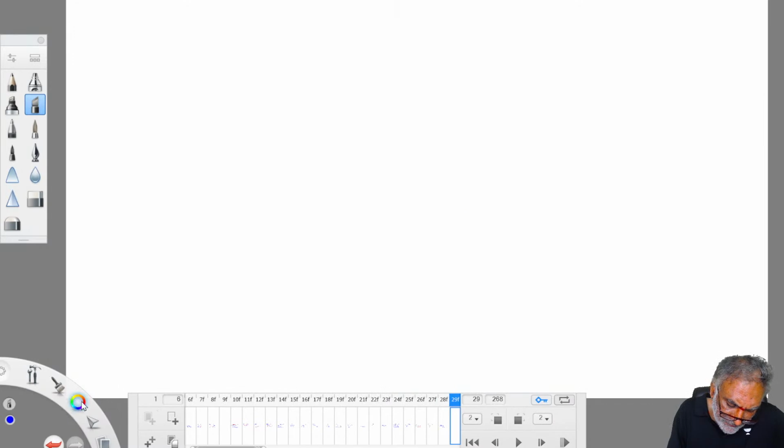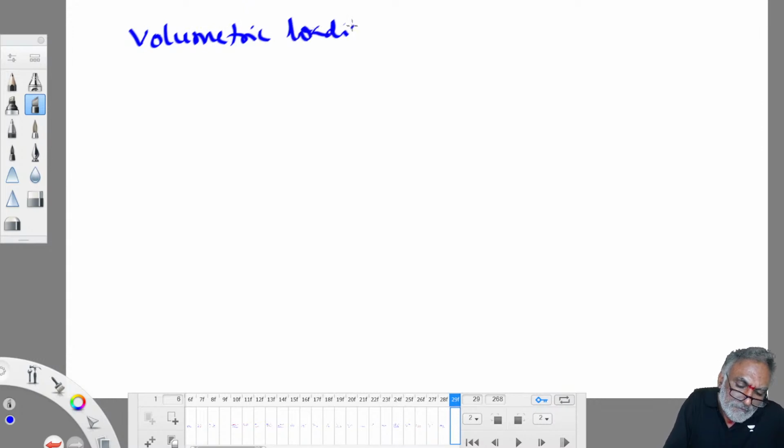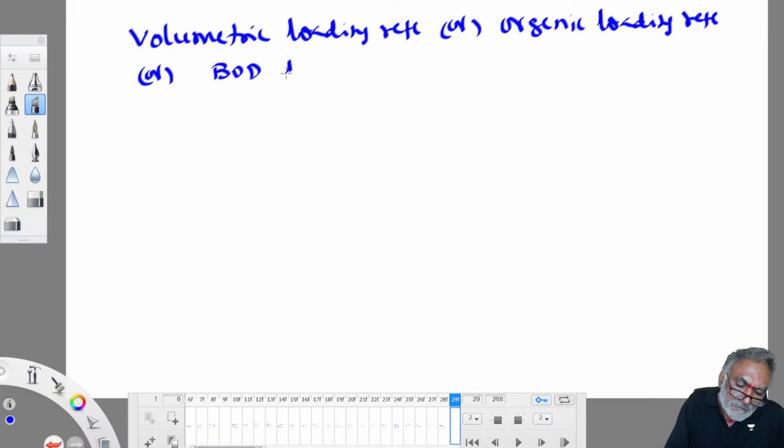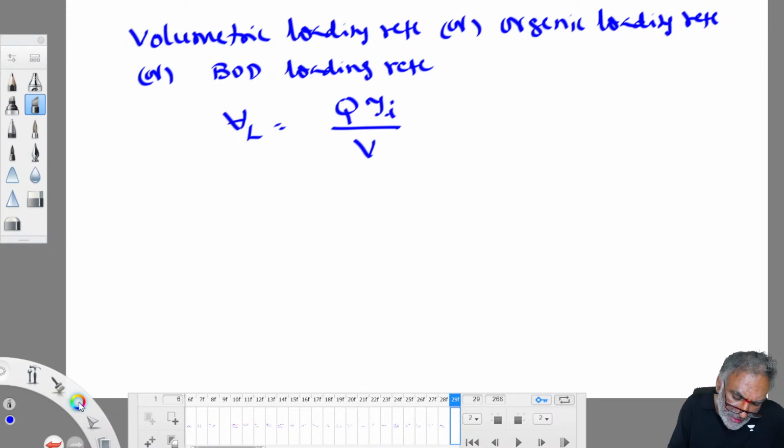Next parameter in activated sludge process is volumetric loading rate or organic loading rate. We will also call it organic loading rate or BOD loading rate. So volumetric loading rate is equal to the total BOD applied by the volume of the aeration tank.